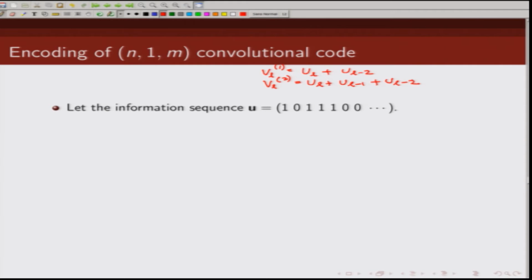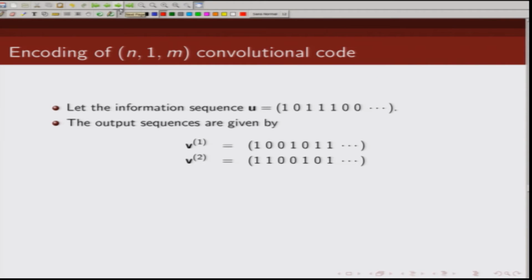Now, we can show that our output coded sequence will be given by this. This can be easily verified. So, let us say what was our output coded sequence? V1L was UL plus UL minus 2 and V2L is UL plus UL minus 1 plus UL minus 2.